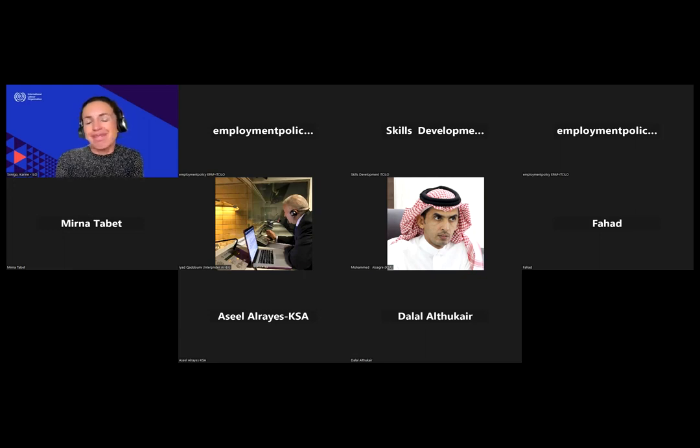So whilst there is no real standard approach to undertake such a digital transition in employment and skills systems, there are still some key principles that we've identified when it comes to leveraging technologies for the digital transformation of TVET systems.